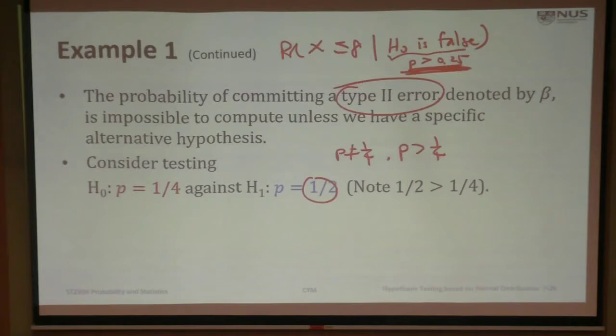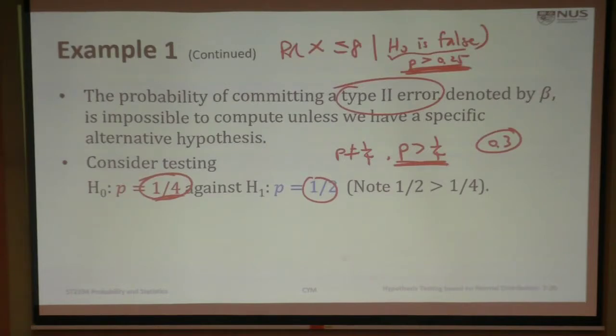That means it does not equal this value, and also it has to be in the alternative. I cannot take all, I just take one particular. In this case, I take a half. If you want, you can take 0.3. It's okay, because 0.3 is bigger than 0.25. So you can compute the probability of committing a type 2 error when P equals 0.3, which is one of the values for the alternative.